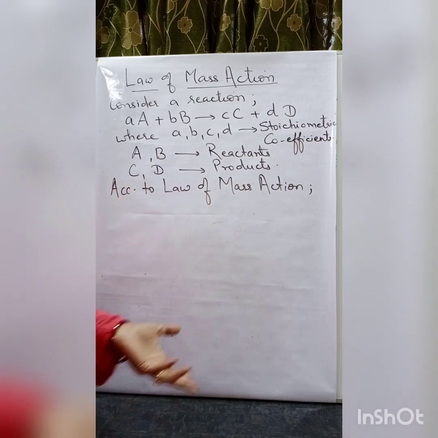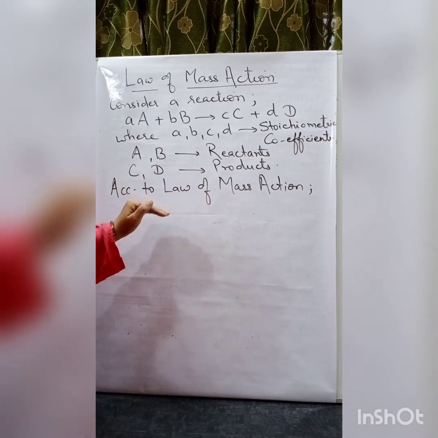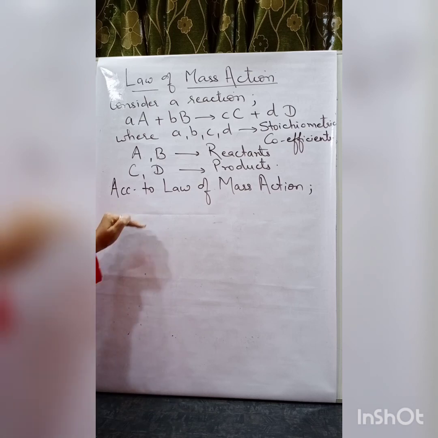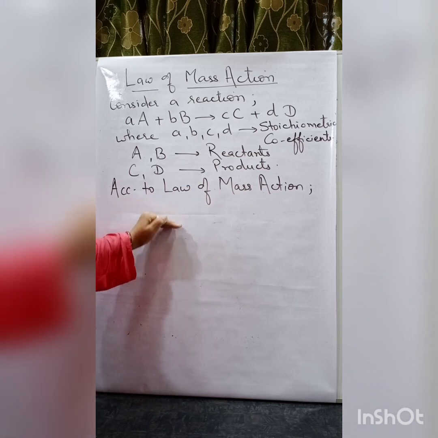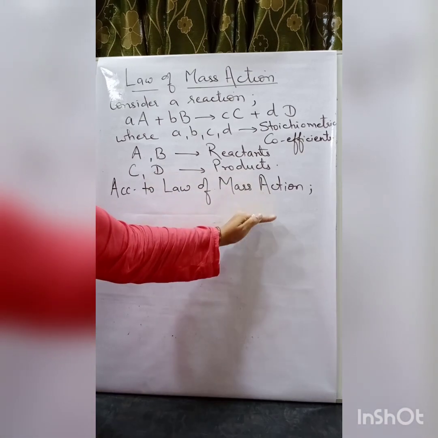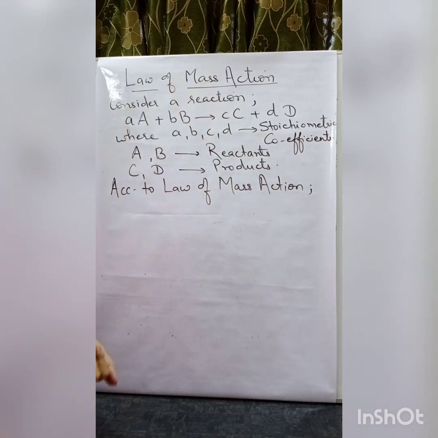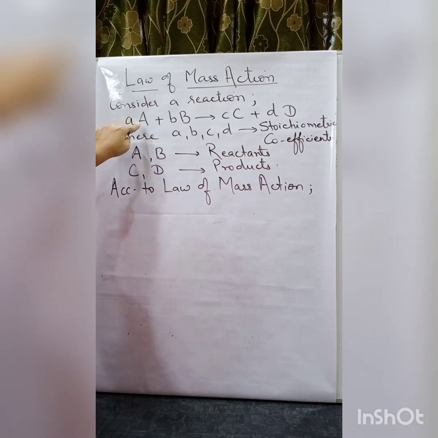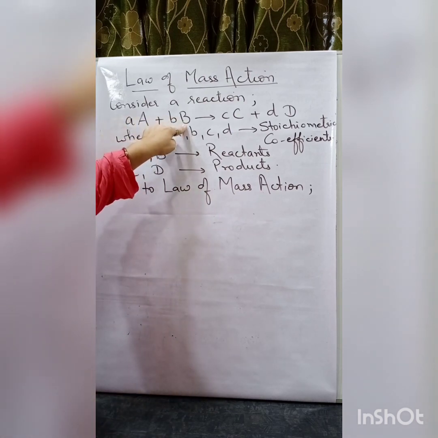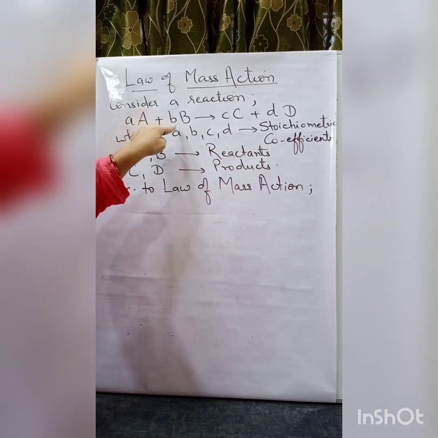If there are more reactants involved, the rate of reaction is directly proportional to the product of the concentrations of reactants raised to their stoichiometric coefficients. Here we have two reactants, reactant A and reactant B.